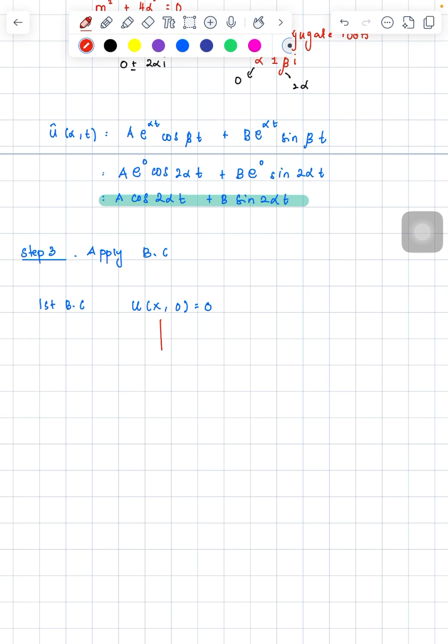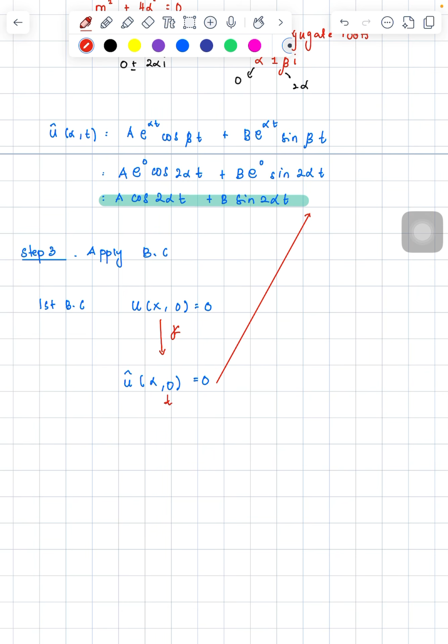When we Fourier transform this, u at 0 becomes u hat (alpha, 0) equals 0. So u hat (alpha, 0) comes from the general solution, where we substitute t with 0.